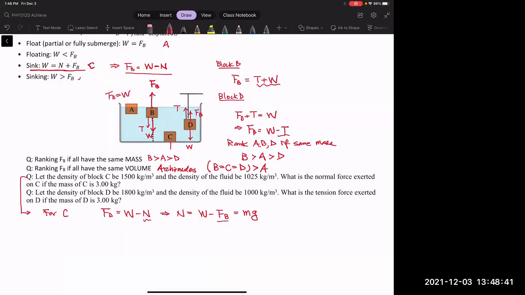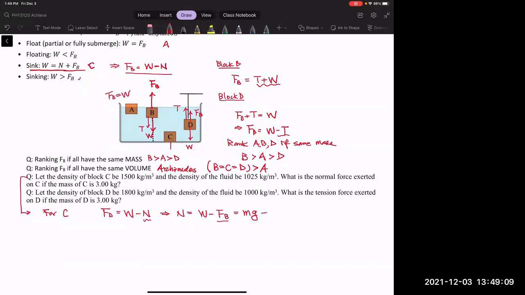When you have this situation, the buoyancy force is no longer equal to the weight. You have to look at how much of the volume is actually submerged in the liquid. Do we have that information? What is the volume of block C?